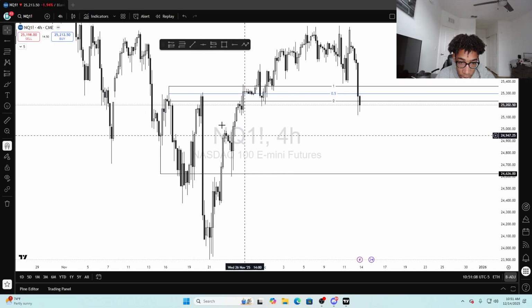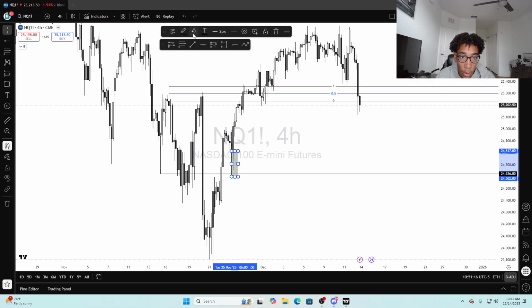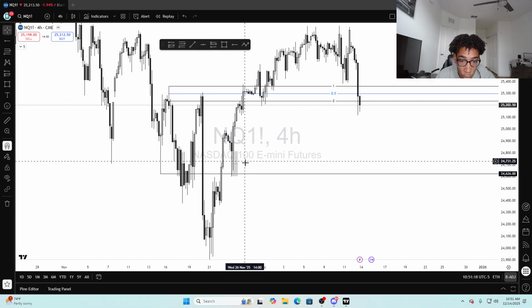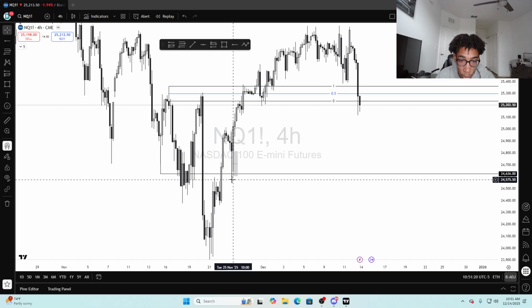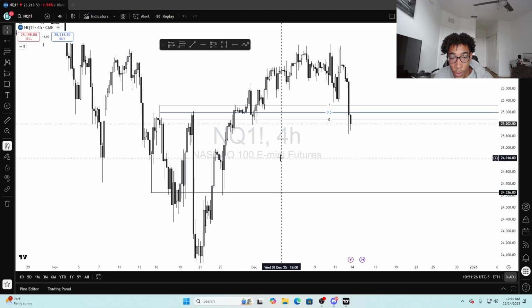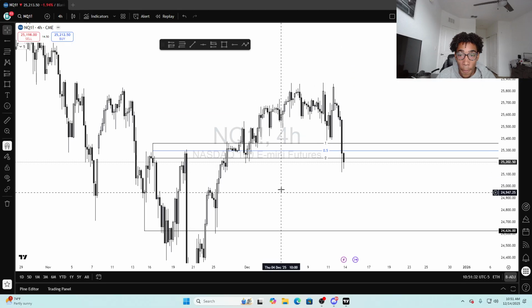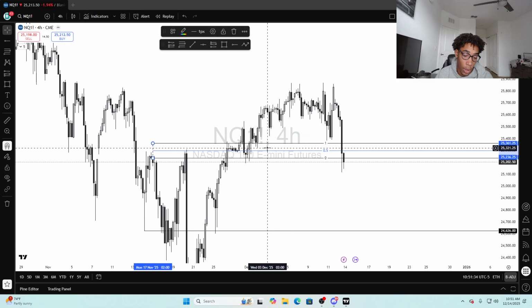And here's another example right here where we leave a rejection block. Let me actually use this rectangle right here. We come lower, we leave this rejection block, right? Then we head higher. And it's going to be the same thing a lot of times. So rejection blocks can be a good sign of market structure to show you where price is heading.